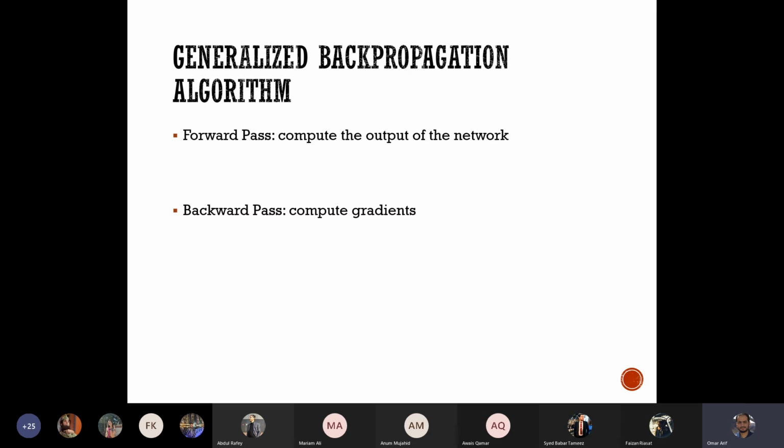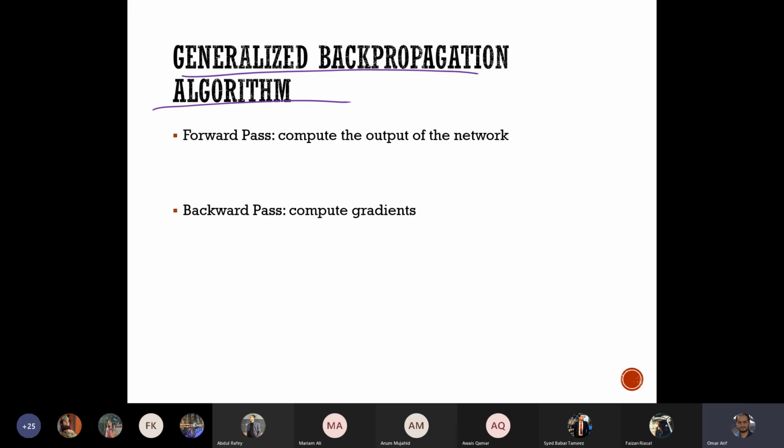So once you know the derivative, then you follow the approach you used in gradient descent. That algorithm is basically called the generalized back propagation algorithm. It has the same forward pass and the same backward pass. Forward pass computes the output of the network. Basically you feed the input, whichever example you pick, into the network. You have the weights from the previous iteration.